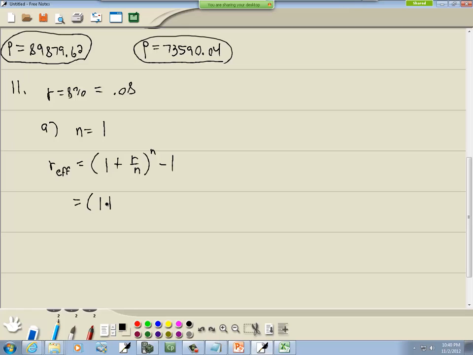So we've got 1 plus R, which is 0.08, divided by n, which is 1, raised to the 1 power, minus 1. Actually, that one I could probably do in my head. That one drops away, that one drops away. Parentheses are then gone, and I've got 1 plus 0.08 minus 1. 1 minus 1 drops away, and we come up with 0.08.